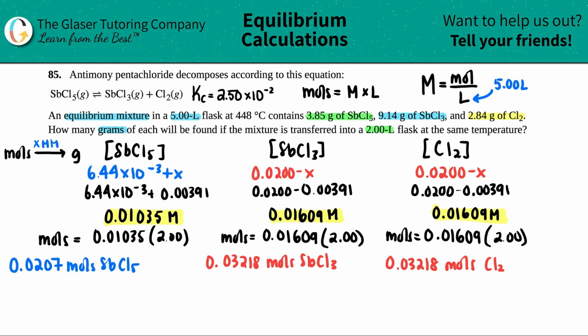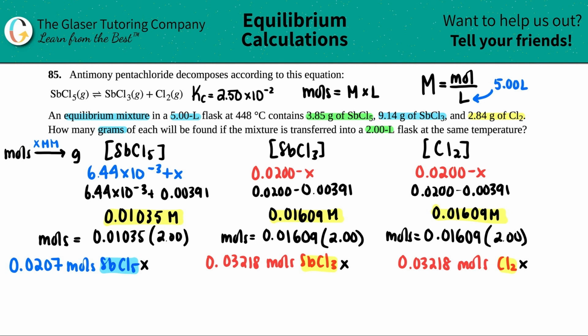So once again, we just have to find the molar mass. I'll do it quick for you. And each one of these, all we have to do is just times by the molar mass of the thing that we're talking about, right? So the SbCl5, the SbCl3, and then the Cl2. So let's just quickly find out those again. You probably have them on your paper, but I don't. But you're just going to times by those numbers.